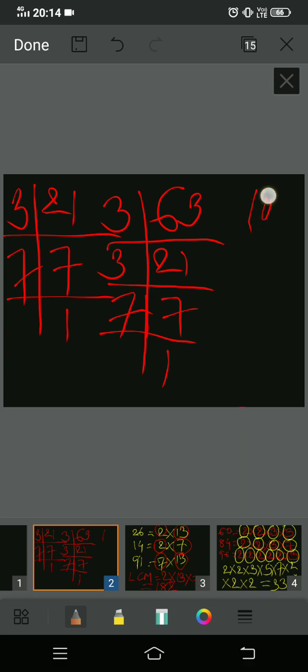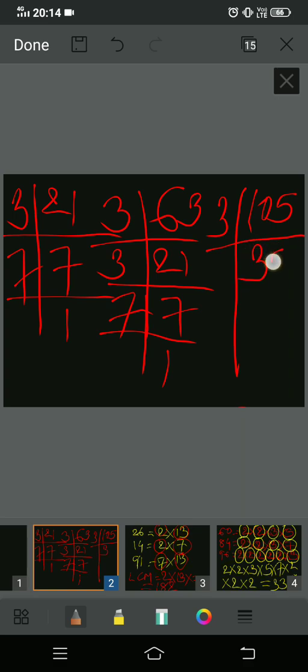Next number was 105. So 105 also we'll use. 105 will divide it by 3, and when you divide 105 by 3, you'll get the answer 35.